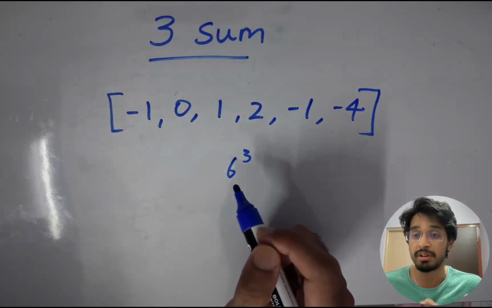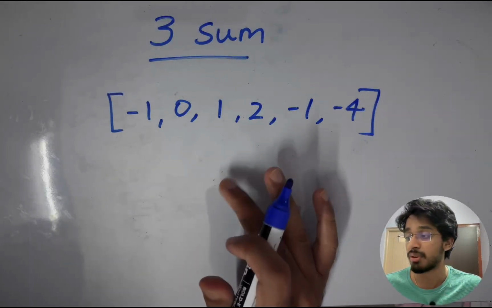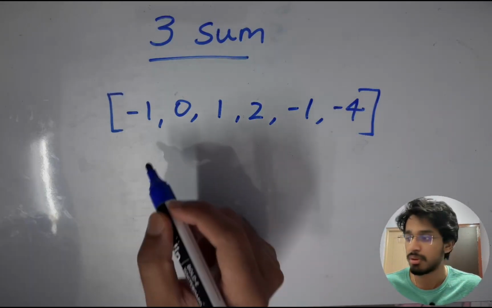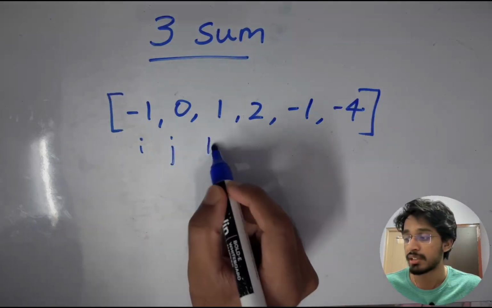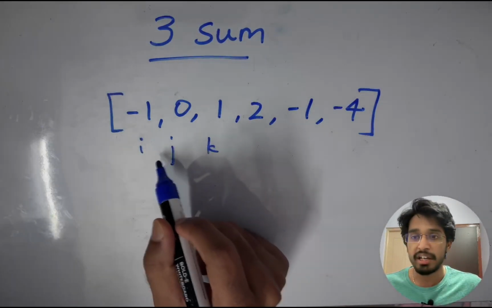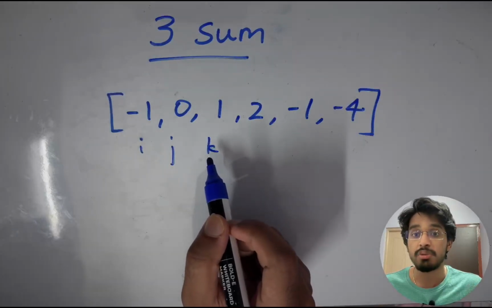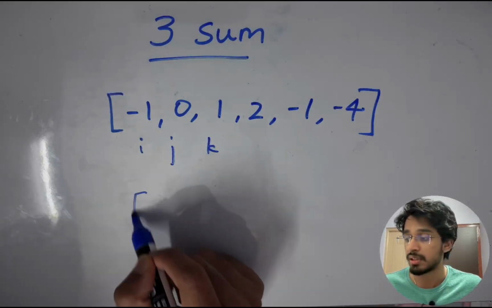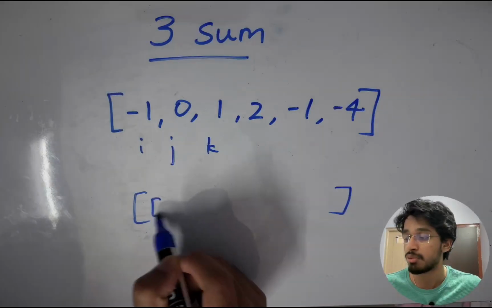If we want to solve using the triple for loop, we would set i, j and k as pointers, and keep checking by adding i, j and k. If they equal 0, then we have a results array, and we push that one.